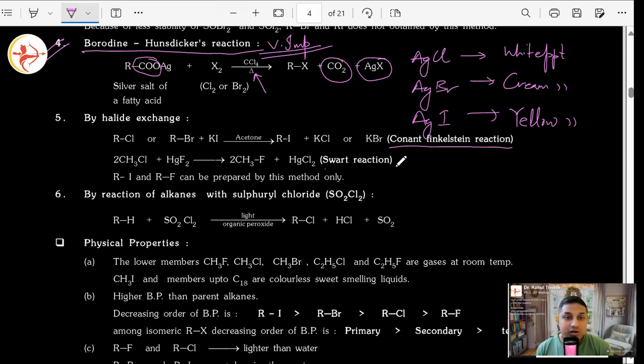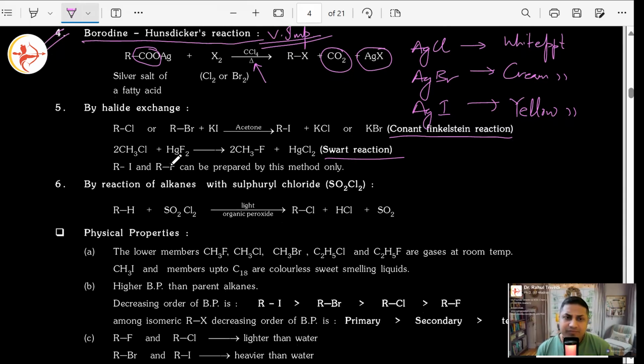Another one is the Swarts reaction. If you go for a heavy metal fluoride, like mercury fluoride, it will displace chlorine, and you will get the alkyl fluoride. HgCl2 will be given off. RI and RF can be prepared by this method only.